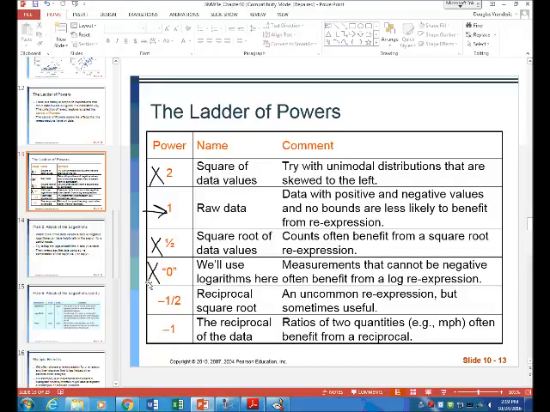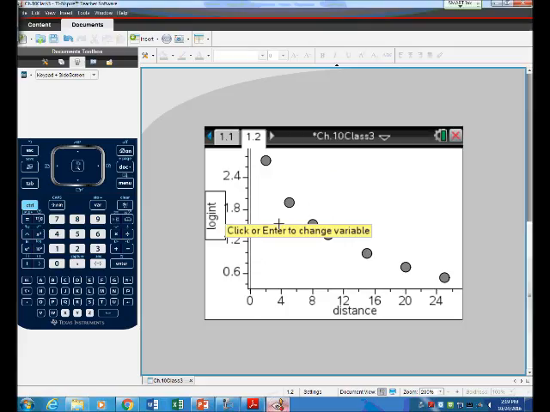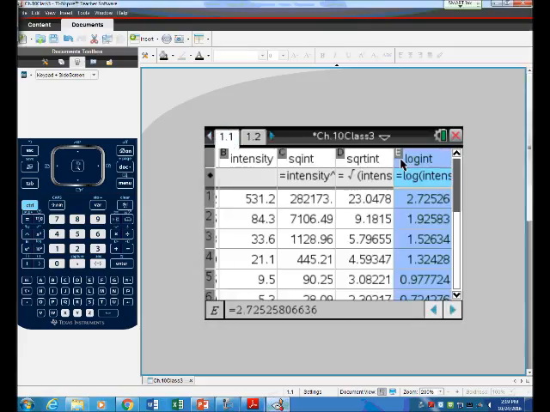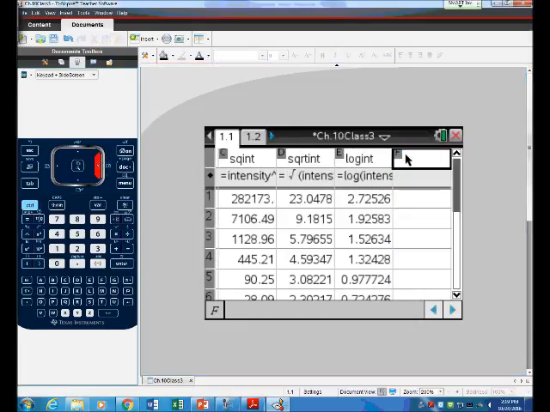So let's just call this, I'm going to go to column F and try, let's see, recip, R-E-C, and then sqrt of intensity. All right, so I know it's all crazy there, but reciprocal square root of intensity, that's what that is.